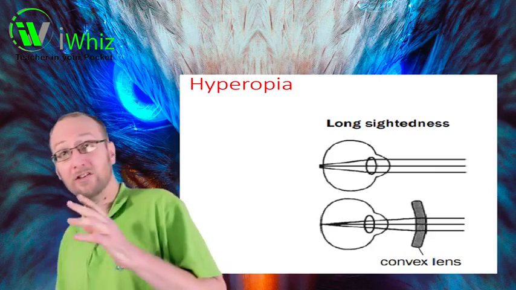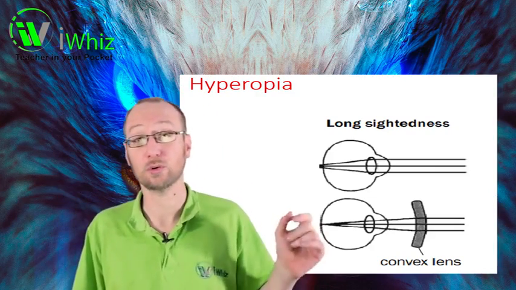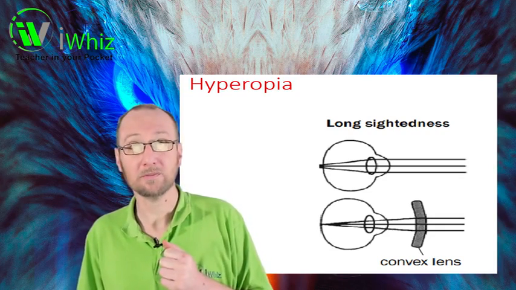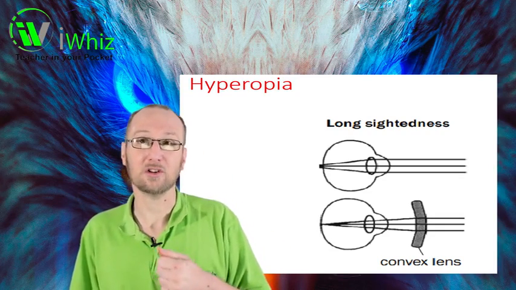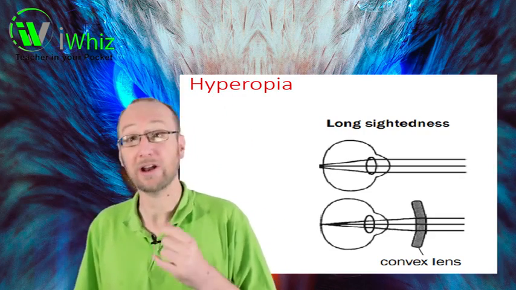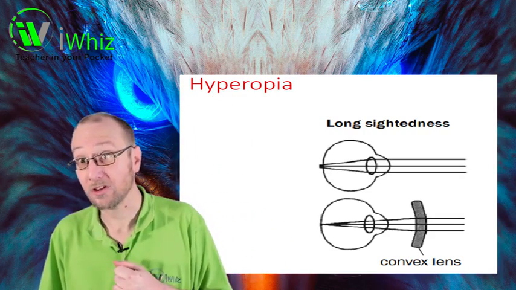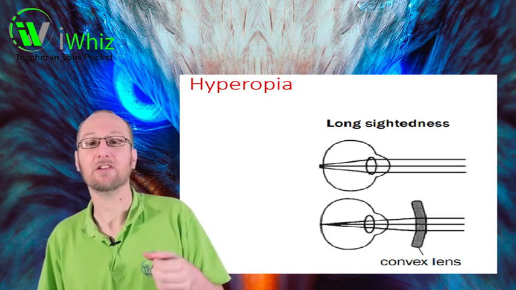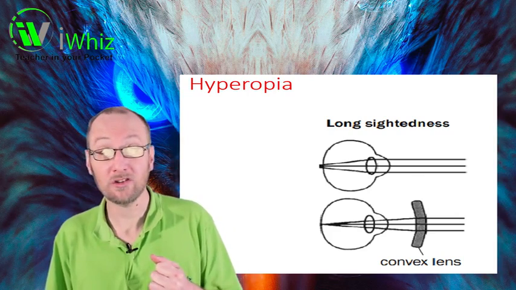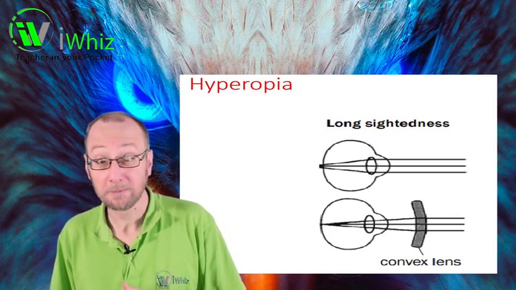We then have long-sightedness. Long-sightedness is the opposite of short-sightedness. This is when we can see things far away well, but we battle to see things that are closer. Many of you may have parents or grandparents who use reading glasses, and this is because they suffer from long-sightedness. Long-sightedness, the proper word we can use for this, is hyperopia.